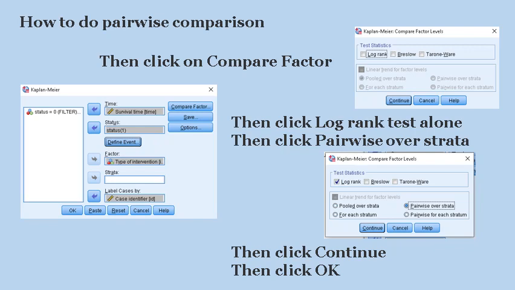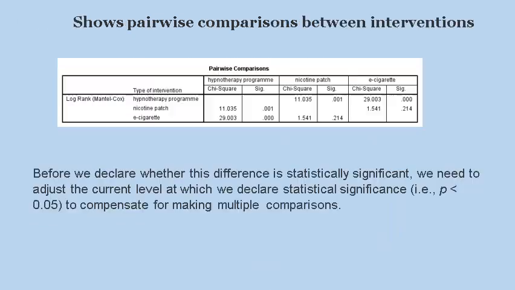Here, please click on pairwise over strata, because we want to know pairwise comparison between hypnotherapy program with nicotine patch, hypnotherapy program with e-cigarette, nicotine patch with e-cigarette. Like that, we can do pairwise comparison. Then click continue, then click OK.